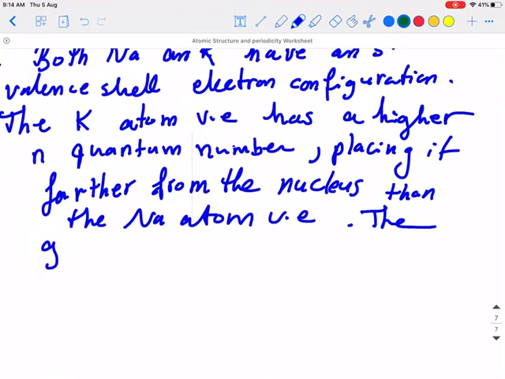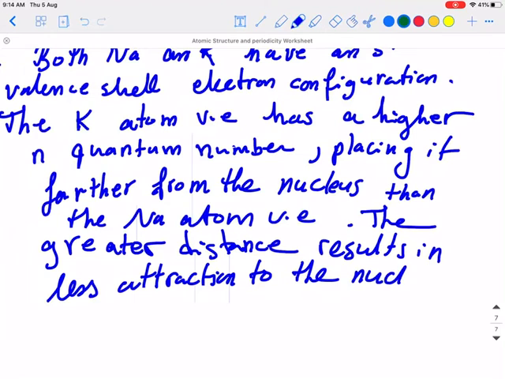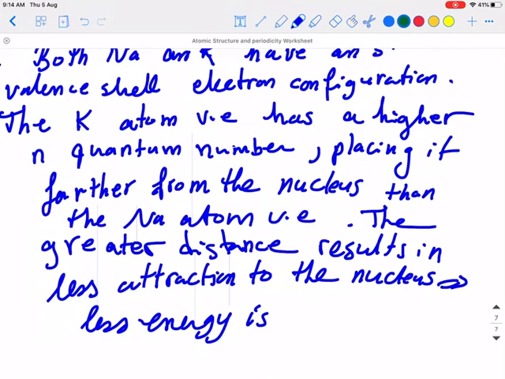And the greater distance results in less attraction to the nucleus. Hence, less energy is needed to remove the electron.